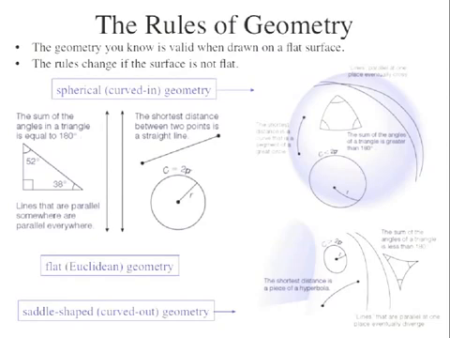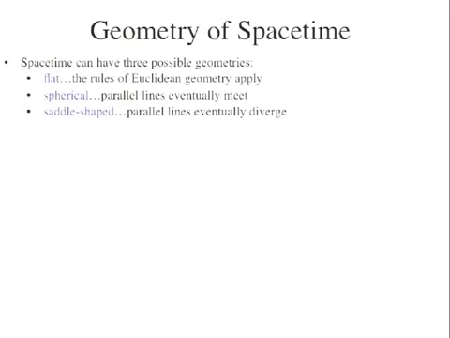All right. In Einstein's theory, we can talk about three different types of geometry. This is the reason I brought that up: Einstein's theory does not care what the geometry of space is. In fact, for the cosmological problem, it took us a long time to figure out whether we live in a flat, spherical, or saddle-shaped universe.